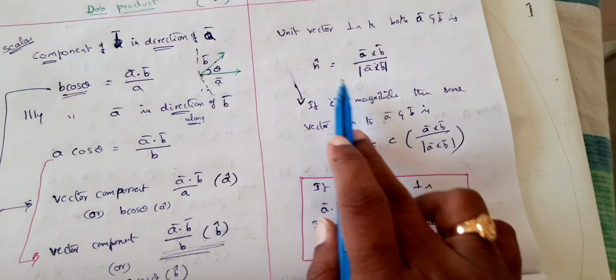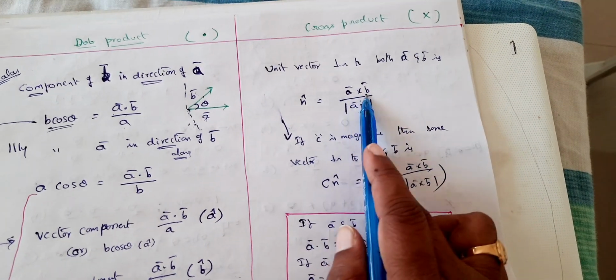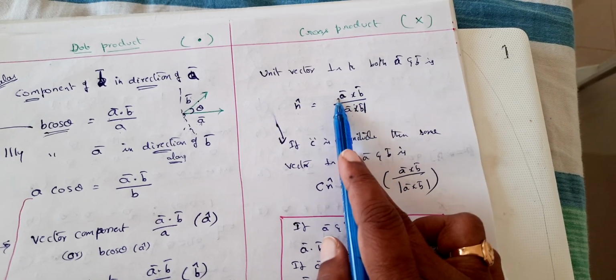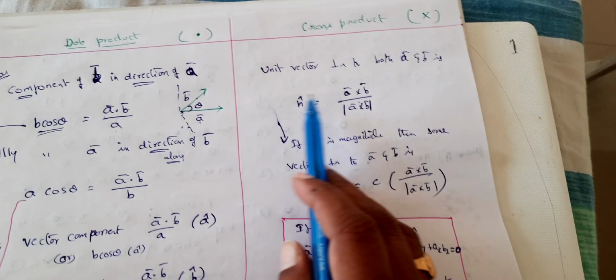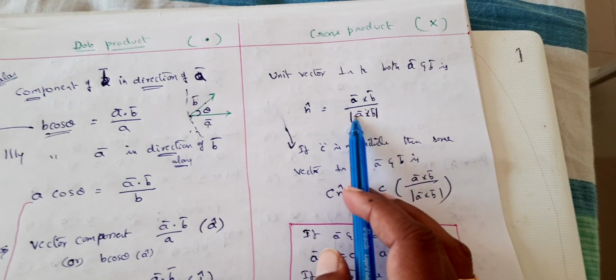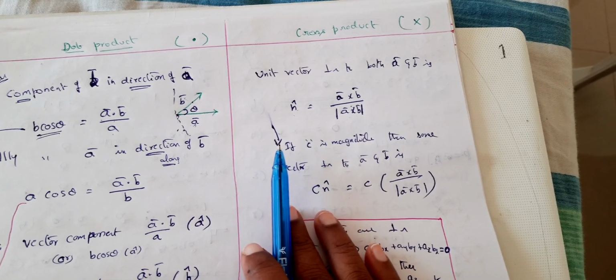Suppose you are asked to find the unit vector perpendicular to both a bar and b bar. It is a bar cross b bar by modulus of a bar cross b bar, because a bar cross b bar is equal to ab into n cap.